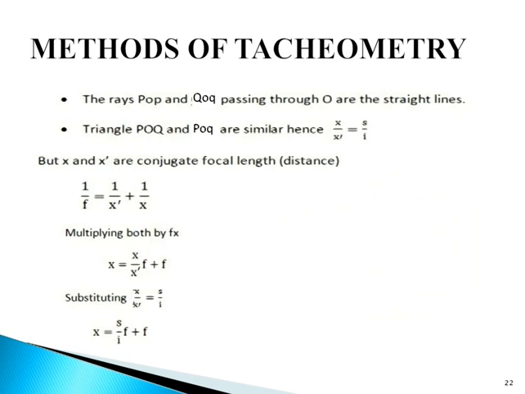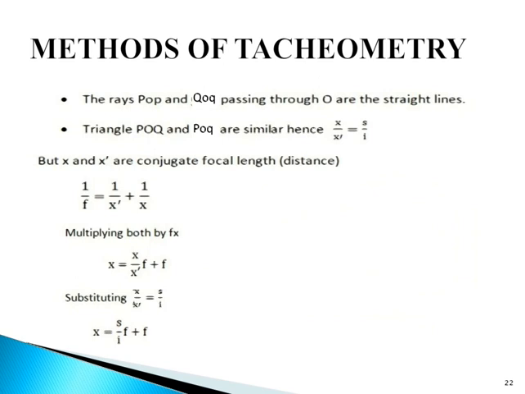But x and x dash are conjugate focal distances. So 1 upon f is equal to 1 upon x dash plus 1 upon x. Multiplying both sides by f x, the equation will be x is equal to x divided by x dash into f plus f.